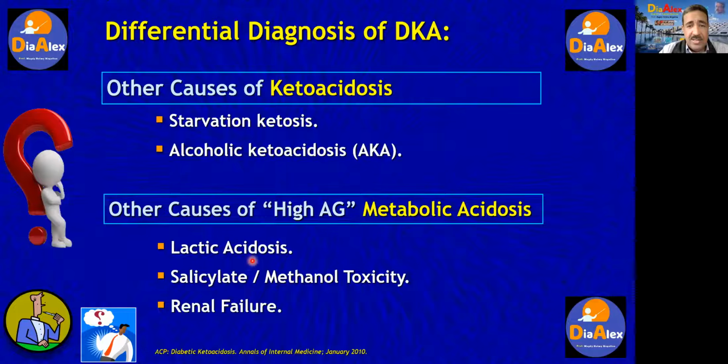Lactic acidosis, it's actually very rare to see in your daily practice, but it carries a very bad prognosis if there. Salicylate toxicity, we usually see a patient with aspirin toxicity, which can be a suicidal attempt.